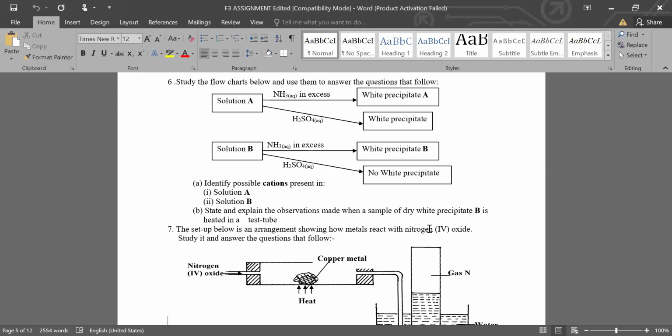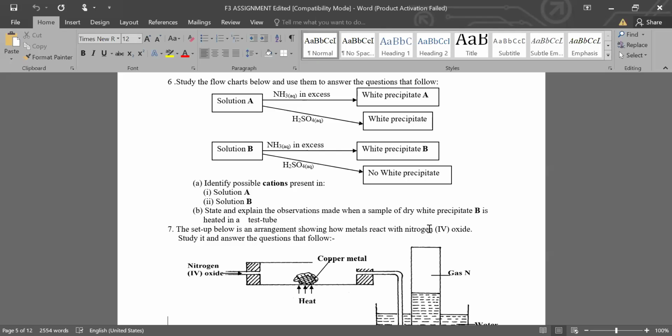Precipitate B, of course, is a hydroxide. It will be a hydroxide.